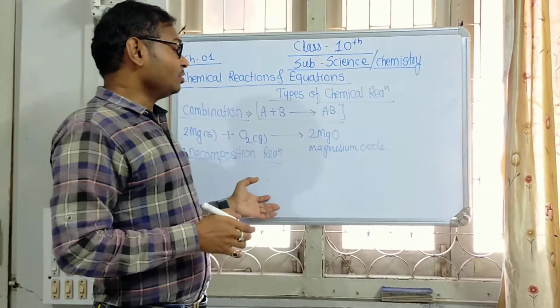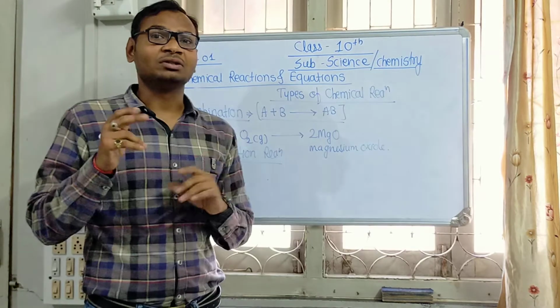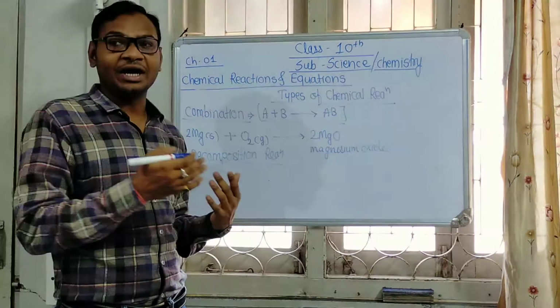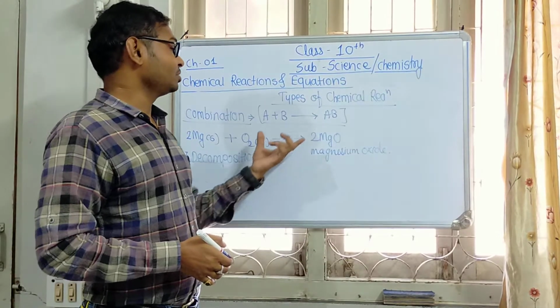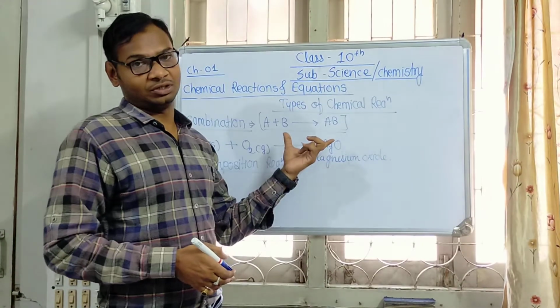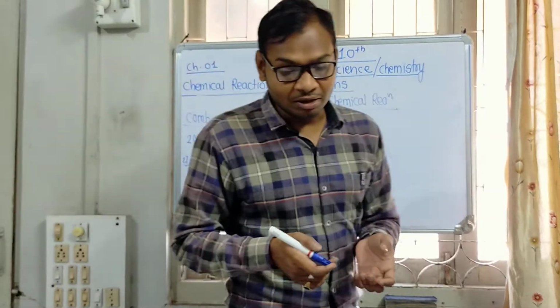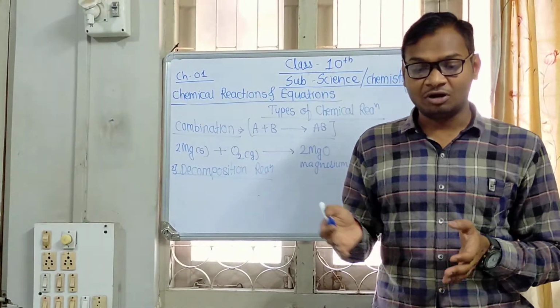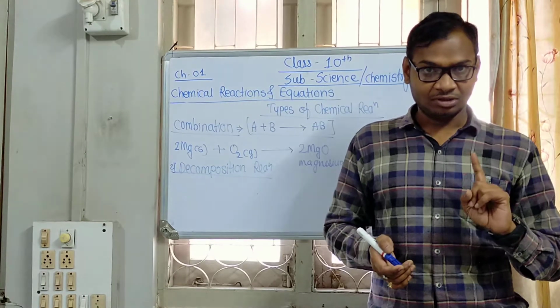Decomposition reaction. In decomposition reaction, there is one simple trick to identify the reaction. Decomposition reaction is the reverse of the combination reaction. It means the chemical reaction in which two or more products are formed from a single reactant.